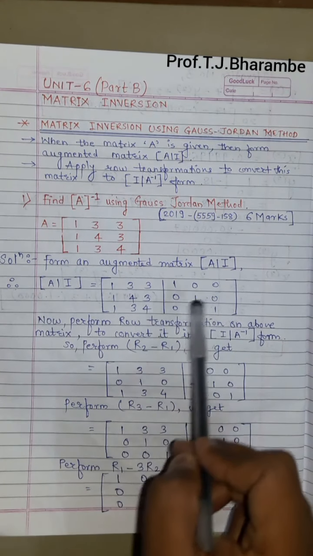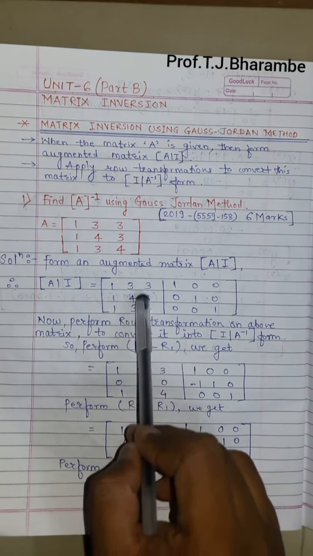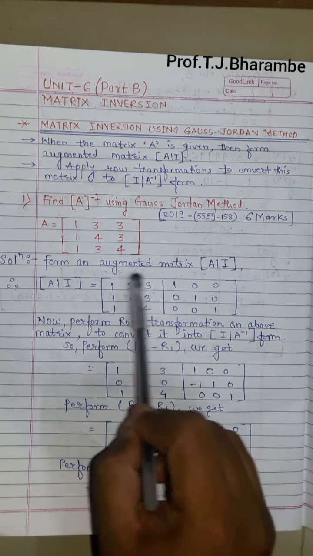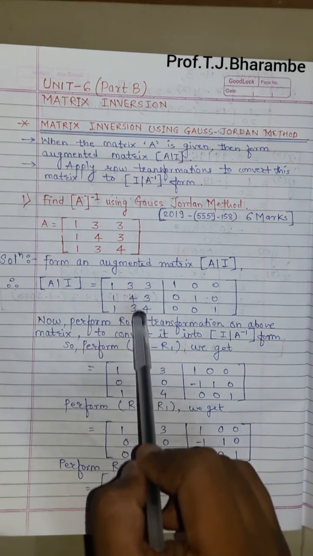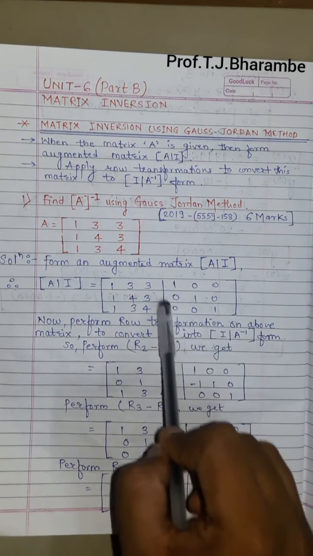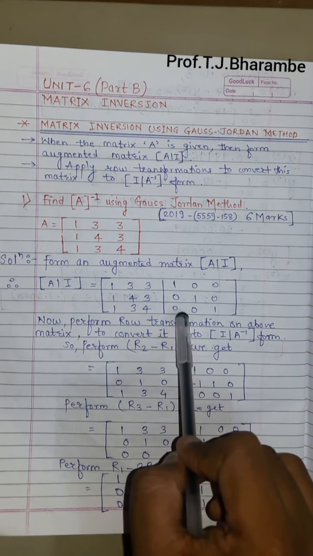Now what we have to do? We have to apply some row transformation on this matrix A, and whenever we are applying some transformation on this matrix A, this side is going to change, and this will be our answer, and this will be nothing but the A inverse.